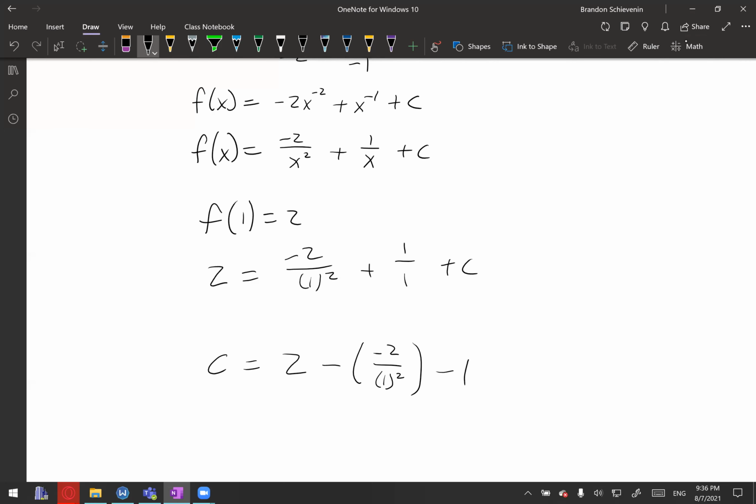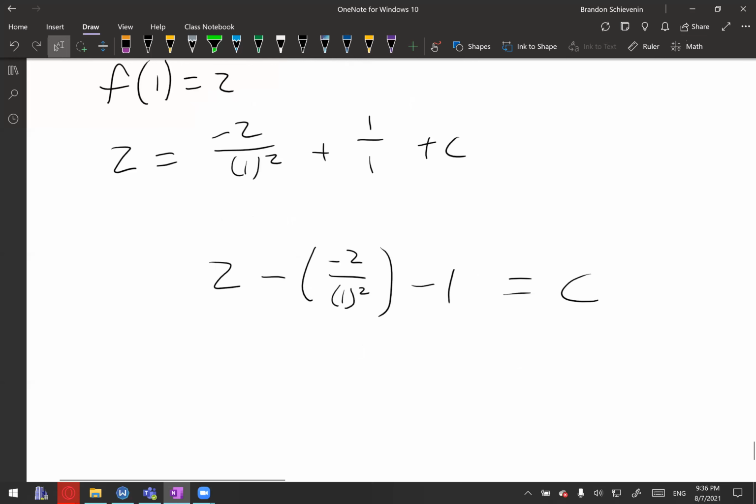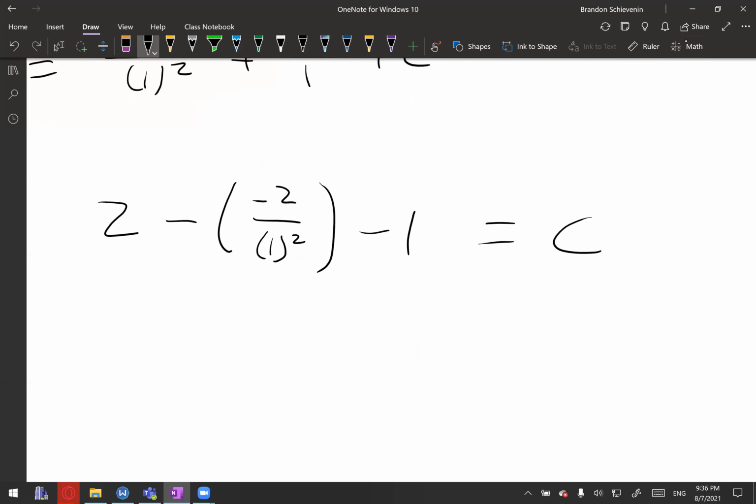I'm going to swap this equal sign over here so you can see what we did. I subtracted the 1 to move it to the other side. I subtracted this part to move it to the other side. So C is equal to 3.